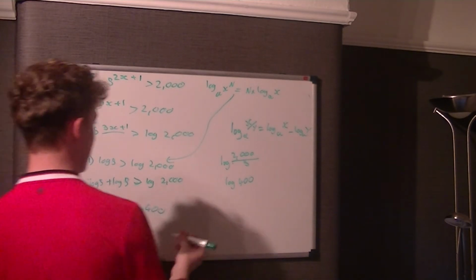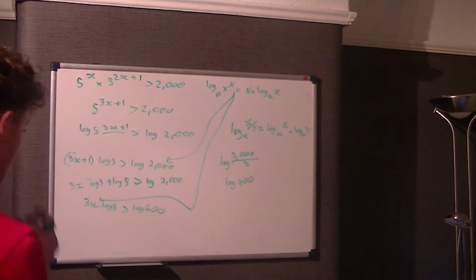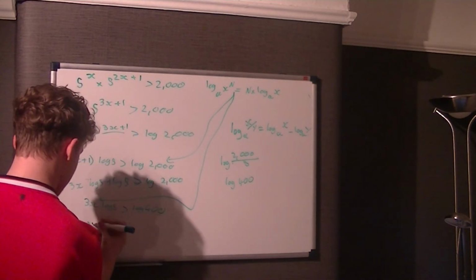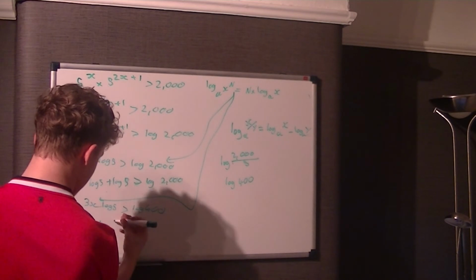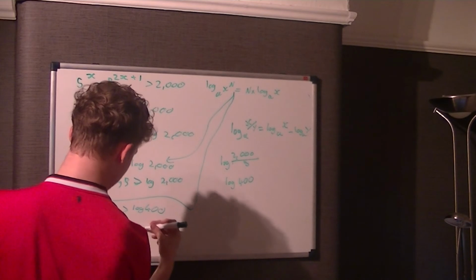Right, so we use this rule here again to get rid of the 3 there. So this becomes x log 5 cubed, which is 125, is less than log 400.